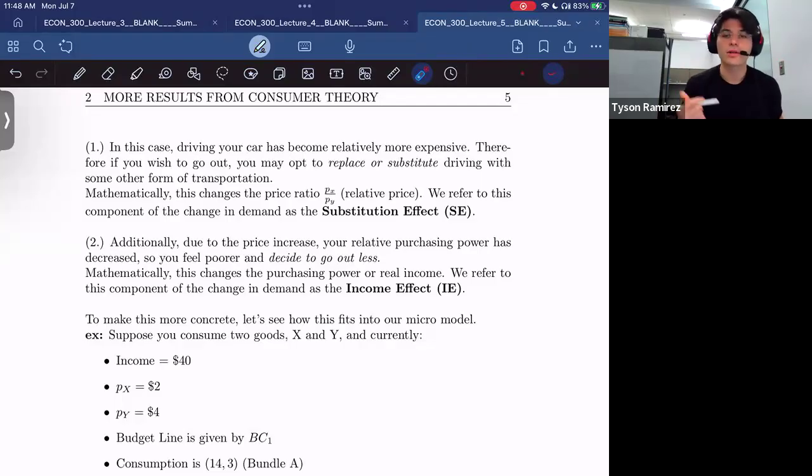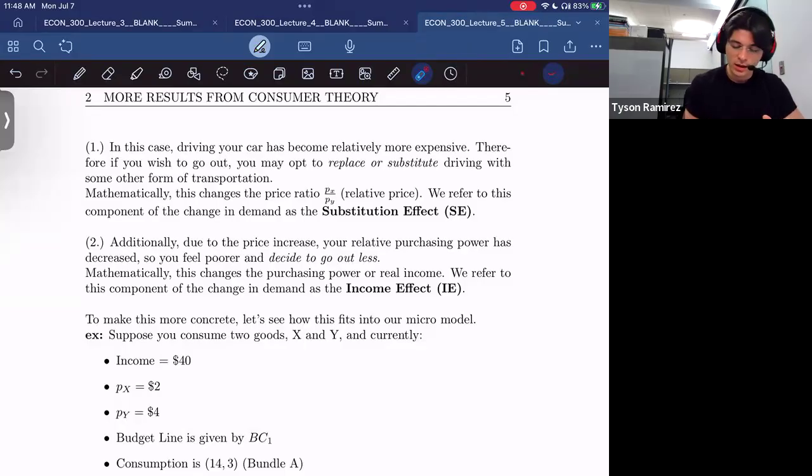Additionally, purchasing power has decreased, so you feel poorer, and you decide to go out less. Another way to phrase this is that your real income has decreased. Although income did not change at all, something with the budget line changed. Our dollar doesn't stretch as far.